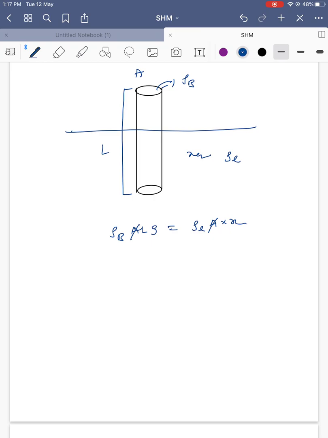A gets cancelled, G gets cancelled, so x is nothing but rho B by rho L into L. This much amount of log is inside the liquid.